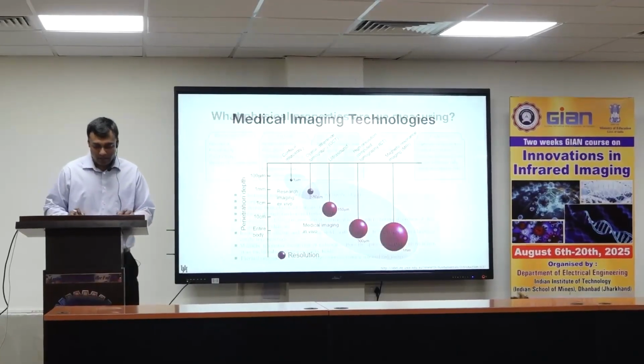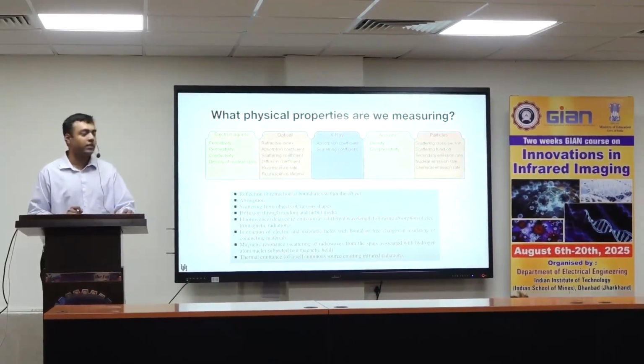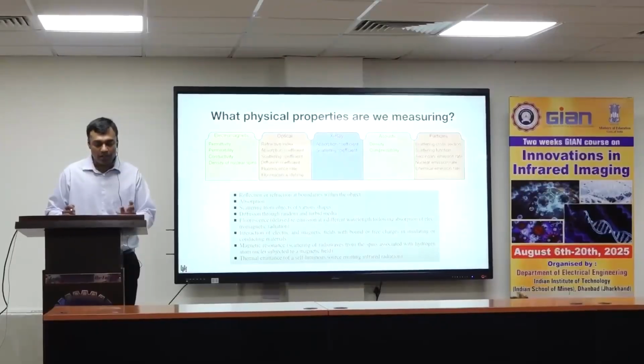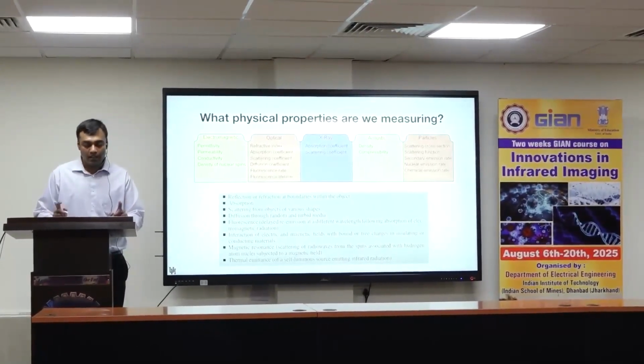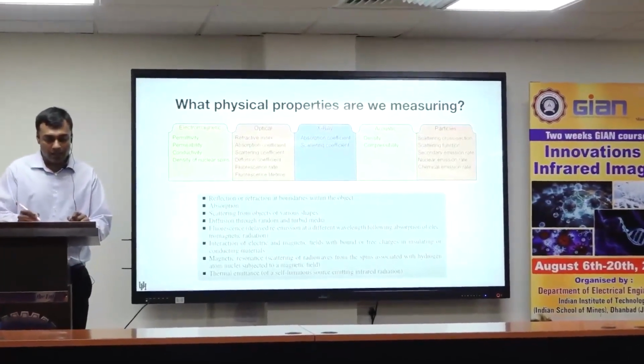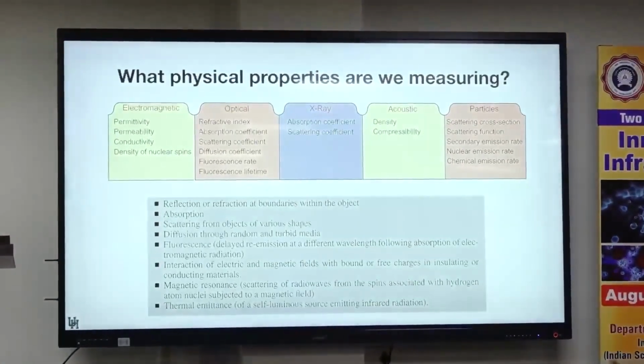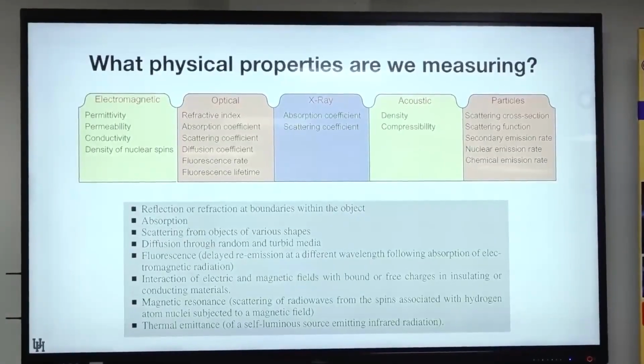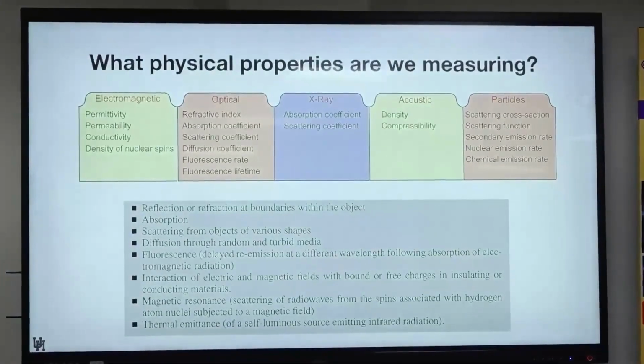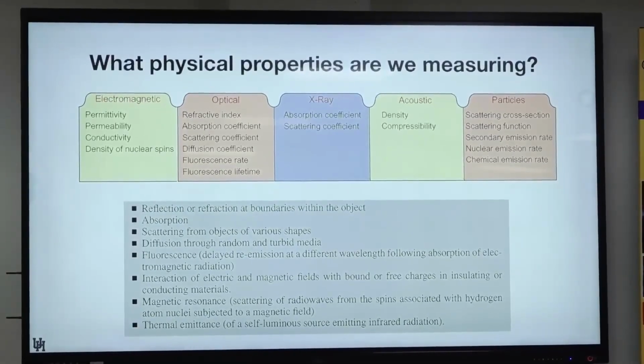Okay, and a crucial element that we discussed was that for any imaging modality, we need to understand exactly what physical properties we are measuring. What physical properties allow us to interrogate the specific medical problem of interest?